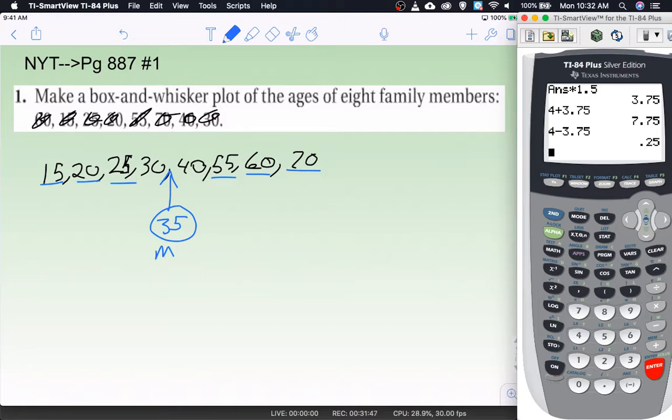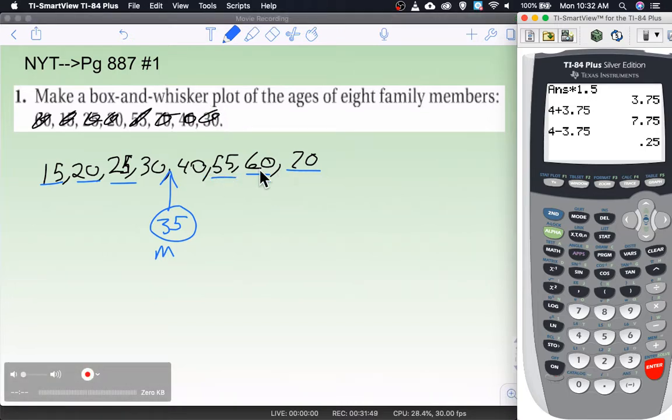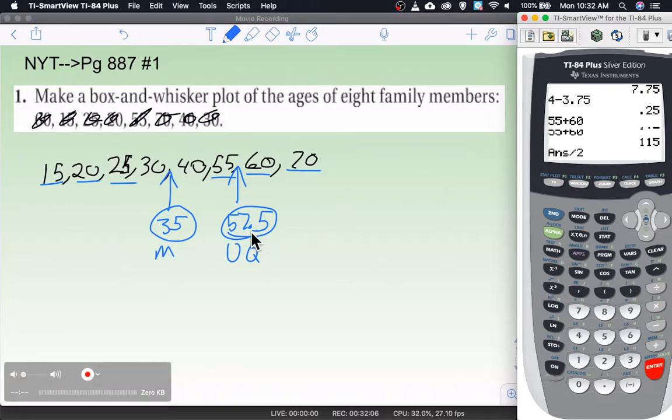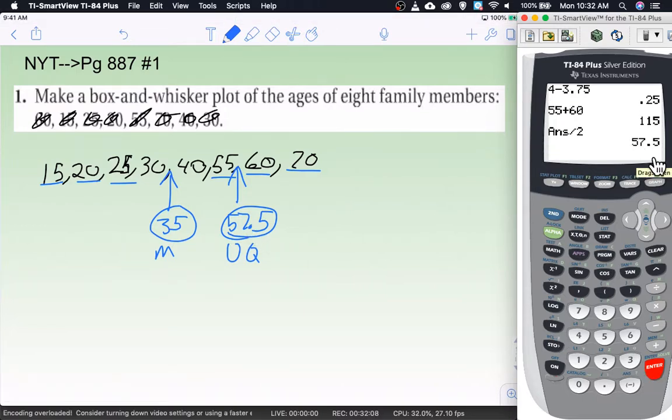My upper quartile is going to be between these 4 in the middle, right here, which is 57.5. That is 55 plus 60 divided by 2. Halfway between that is 57.5.